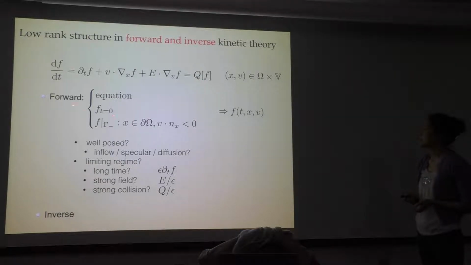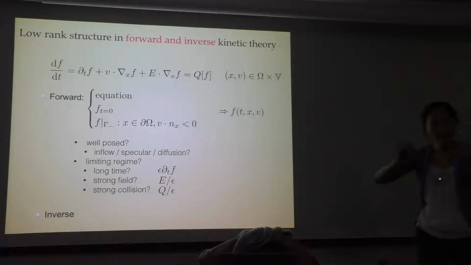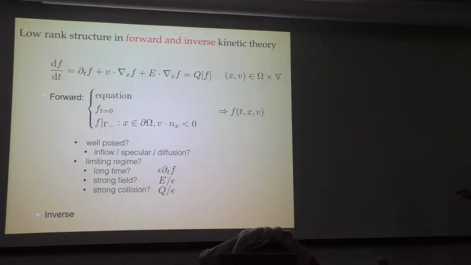And I give you the initial condition. I tell you at time t how the distribution function looks, and I tell you the incoming boundary condition. I tell you at all times how many particles are coming into the domain. So I give you the boundary condition, the initial condition, and everything about this equation, and I solve this equation for the distribution function, for the solution of the equation.